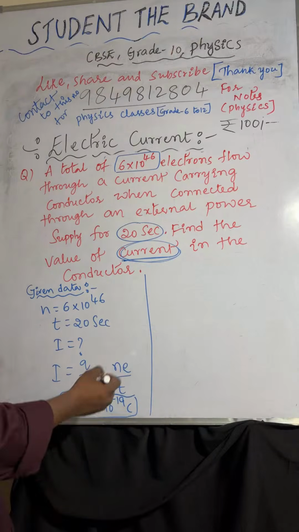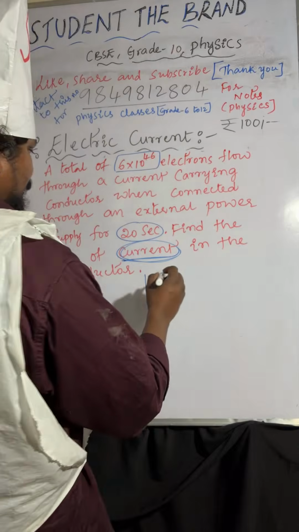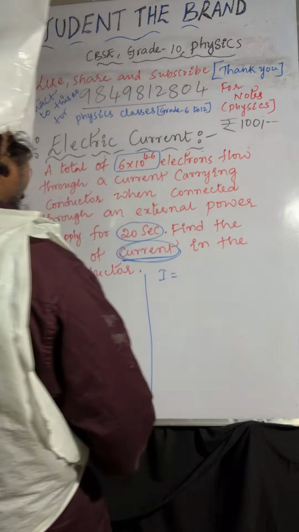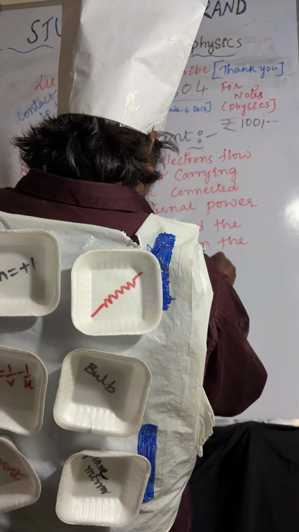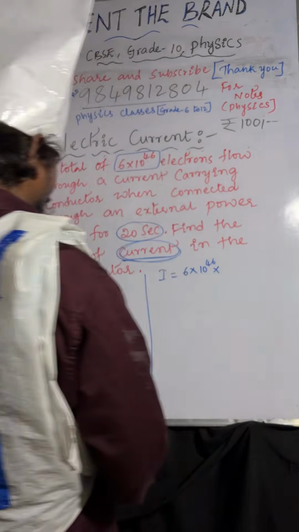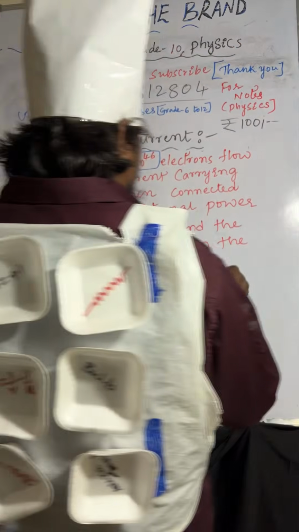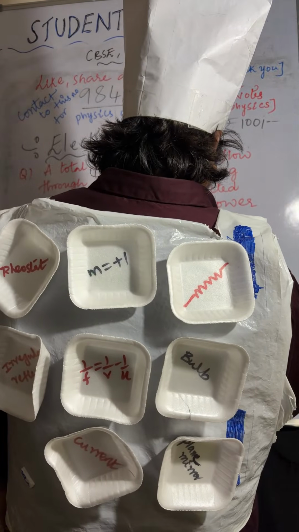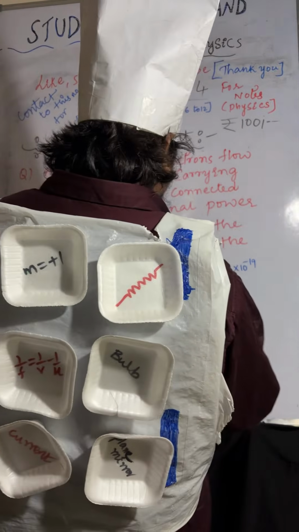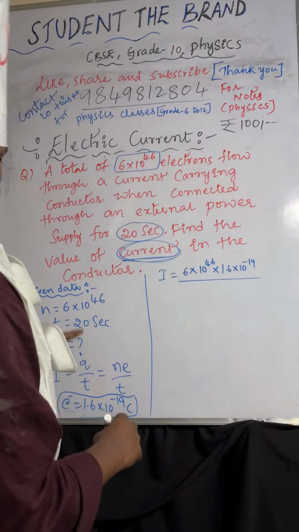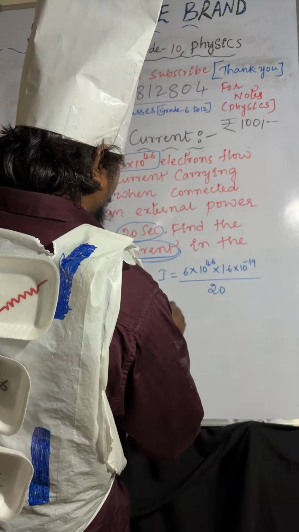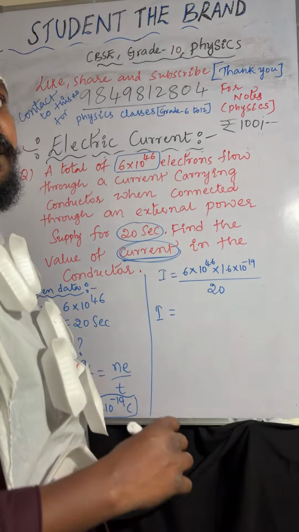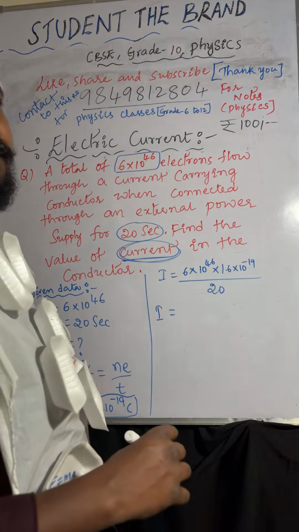So I'm substituting here: I equal to N is 6 into 10 power 46 into E equal to 1.6 into 10 power minus 19, by T equal to how much? 20 seconds. Then if you solve this one, you will get the correct answer.